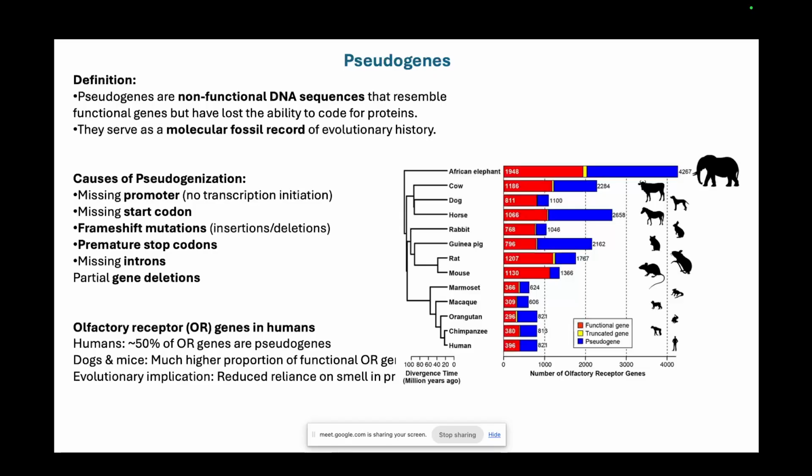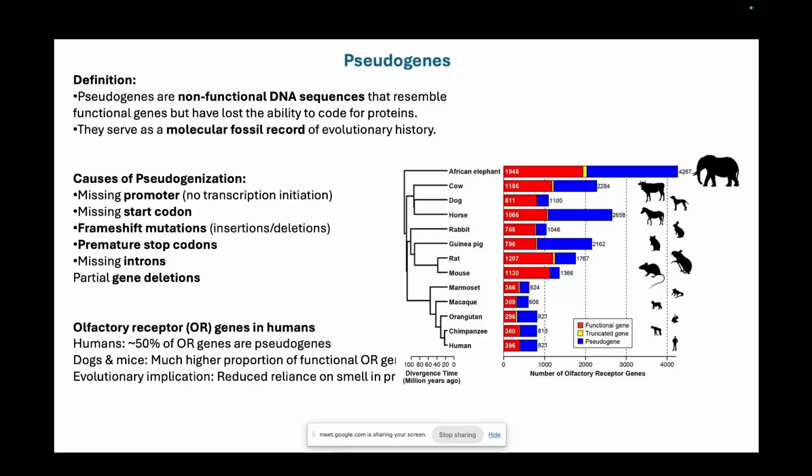Missing start codon. This is something that we see very frequently. The start codon is very specific, right? It codes for methionine, the AUG codon. A mutation of the start codon can actually hamper the whole gene. And if you miss out the start codon, and if there are no other AUG sequences in the whole gene apart from the start codon, then transcription and translation initiation will not happen, right?